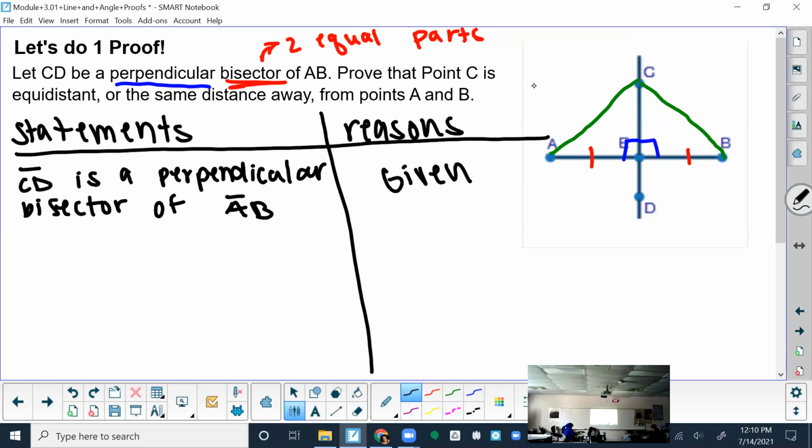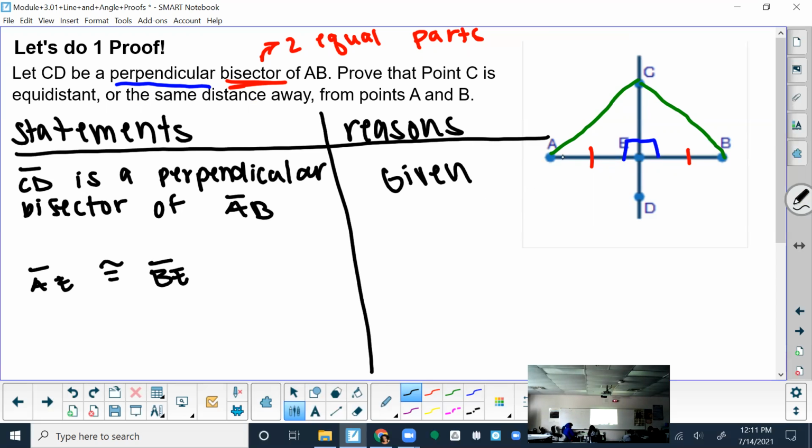These other things that I labeled, we could say line AE is congruent to line BE, right? We said that a little bit ago. What would be our reasoning for that?